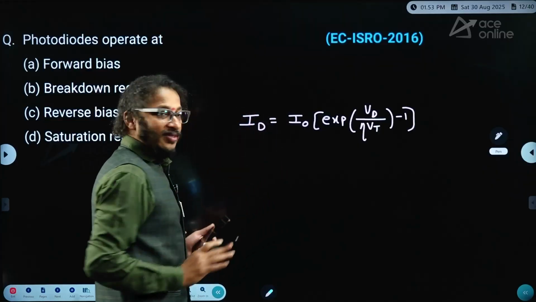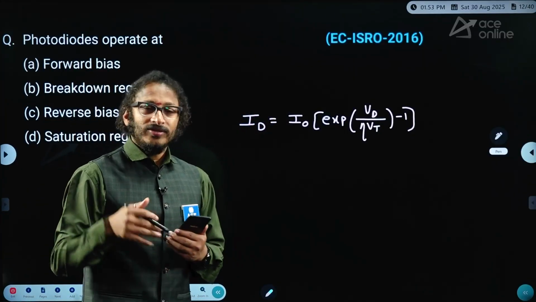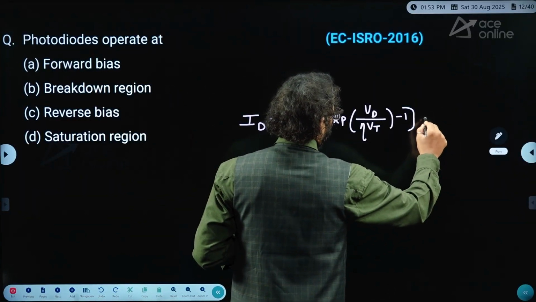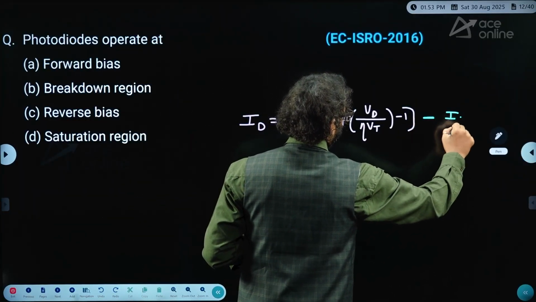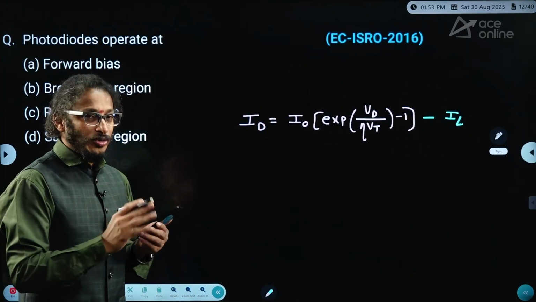This is the diode current. True or not? And this current is mixed with the photo current. So no doubt it is mixed with the photo current. Let me say minus IL. IL is nothing but the current due to light. I repeat, current due to light.